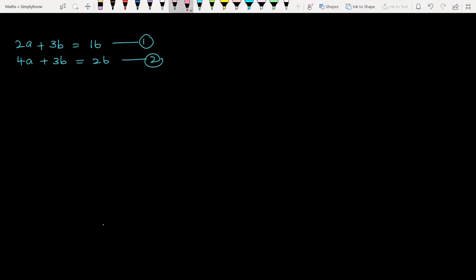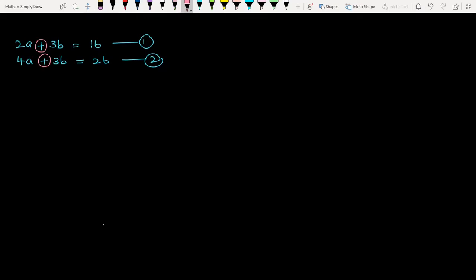Now here b has the same coefficient in both equations. And then we need to consider the signs. What are the signs of the coefficients? Both are pluses. That means equal signs, same signs. If we have same signs, can you remember what to do? We need to subtract.